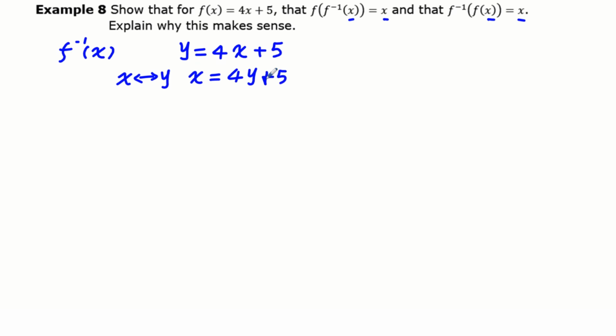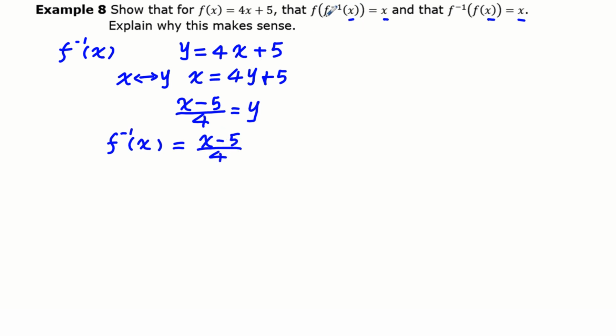So this is your inverse function. We just need to isolate y. So x take away 5, then divide by 4. This will give you the output of the inverse of function f at x. So we write y as the inverse of f at x: x minus 5 over 4.